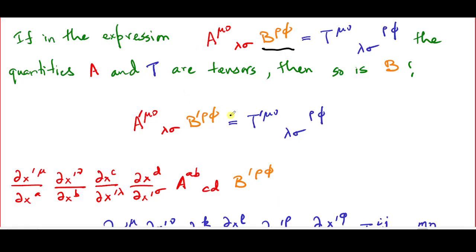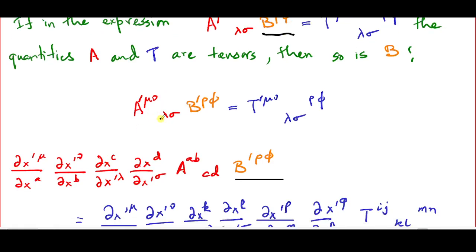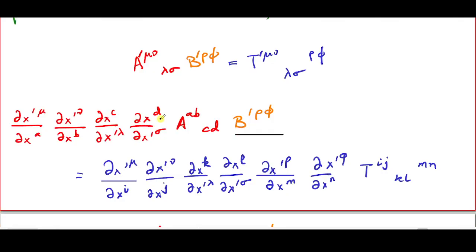Now at this stage we do not know what B prime rho phi is, so we leave that as it is. But for A prime mu nu lambda sigma, I am putting in the correct vector transformation coefficients and co-vector transformation coefficients appropriately as far as the indices are concerned. Similarly, for T prime mu nu lambda sigma, I am also using the appropriate vector and co-vector transformation coefficients.